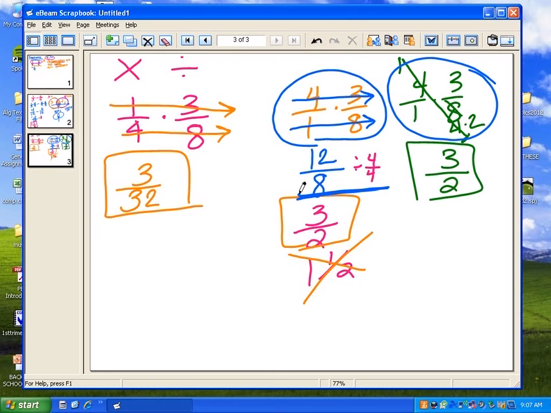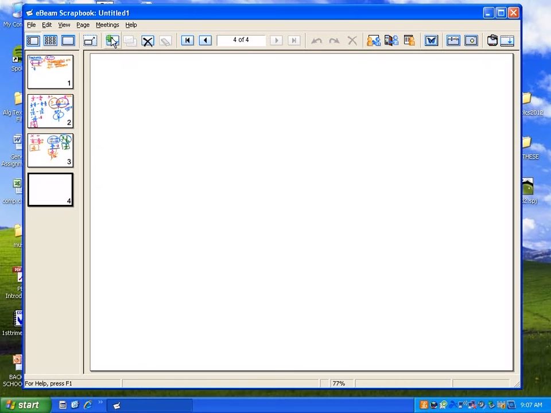Okay, now let's look at division. Division would be something like 2/5 divided by 1/4. Aaron. Well, first I have it looking like a fraction. Yeah. So what's my first thing that I have to do?